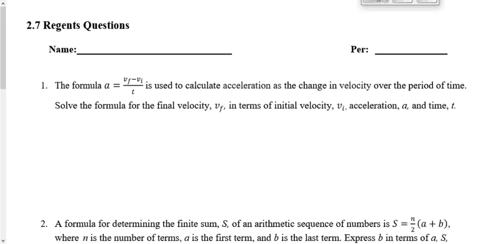In many problems, you have to deal with two different velocities: one would be the starting or initial velocity, and then the final velocity. So we put little subscripts on here so we know which one is which. V sub F would be the final velocity, and V sub I would be the initial velocity, all over T, and A is acceleration, like how fast it gets up to speed. So you have a starting speed and then the top speed, divided by time, and that's the acceleration.